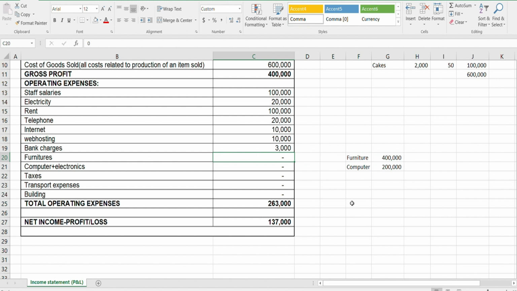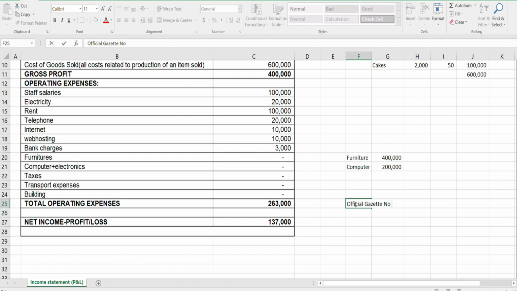No. The official gazette number 16 of 16th April 2018 from the Rwandan government states the different rates affecting those materials.